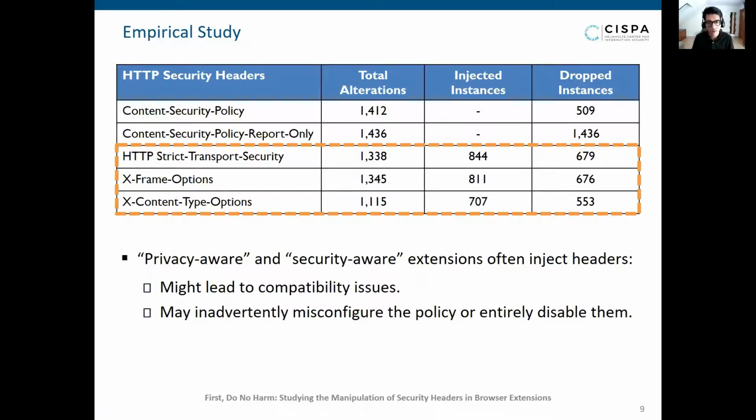But this may often lead to, number one, compatibility issues among the legacy applications, as the web server may not be ready to obey the security policies. And secondly, these modifications may often inadvertently be misconfigured by the extensions, such that it may entirely disable the security policy.